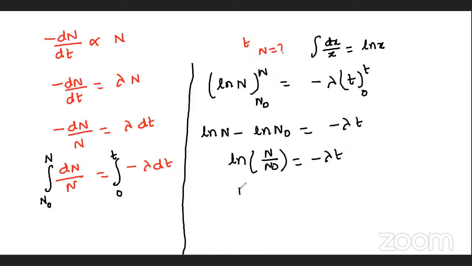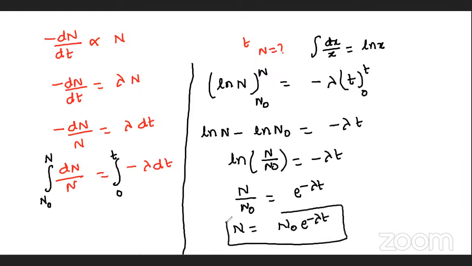I will write this in exponential form. N by N0 equals e power minus lambda t. So N is equal to N0 e power minus lambda t. As the time increases, the number of nucleons remaining in the nucleus will decrease.